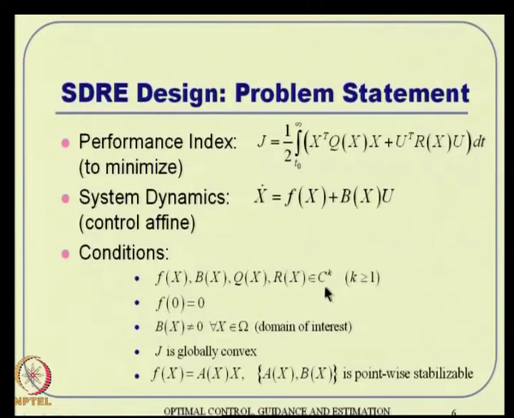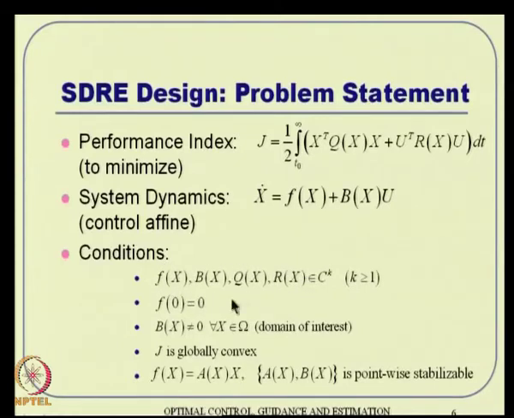That means, class C 0 is continuous functions. Class C 1 is where the first order derivative is continuous. Class C 2, when k equal to 2, is where the second order derivatives are continuous, things like that. So, what it demands is at least first order smoothness of all these functions and matrices.